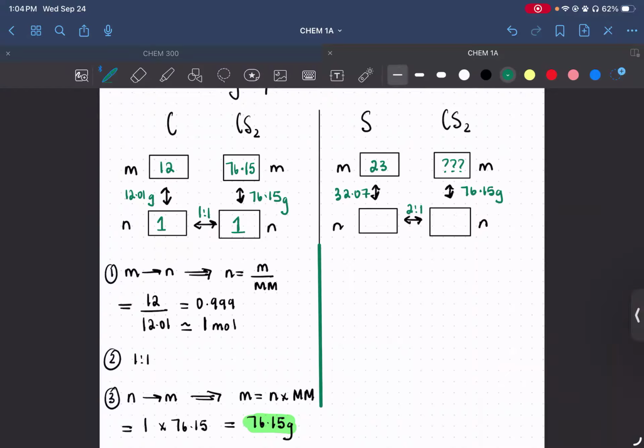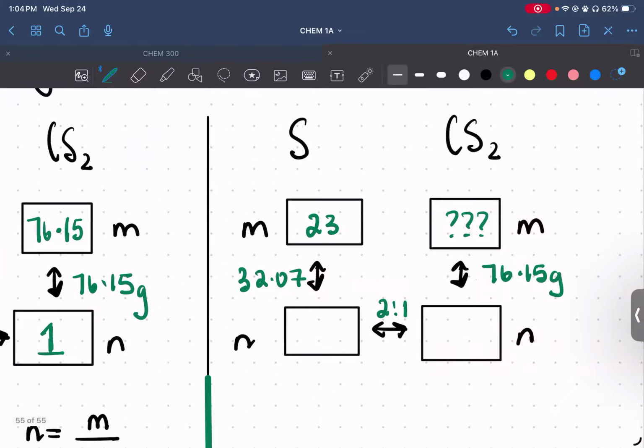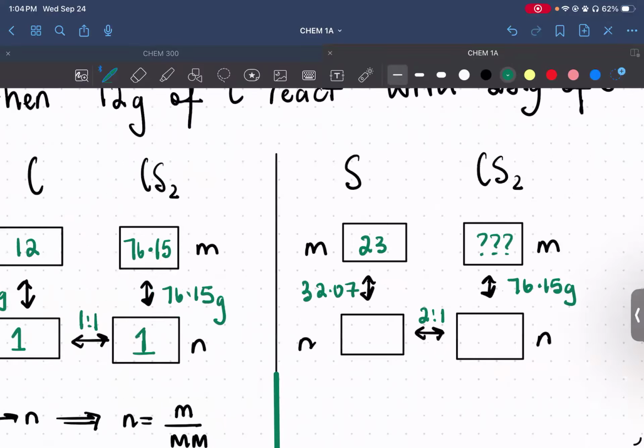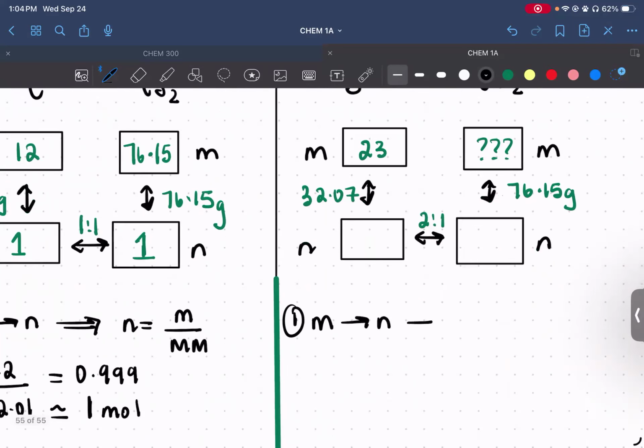Now we're going to do the exact same thing, but on the right-hand side with the sulfur. First things first, we're going to go from mass to moles. Number of moles is equal to the mass over the molar mass. That is 23 divided by 32.07.